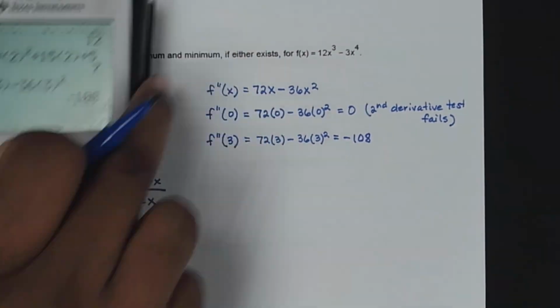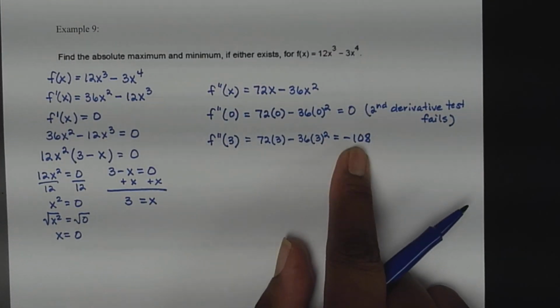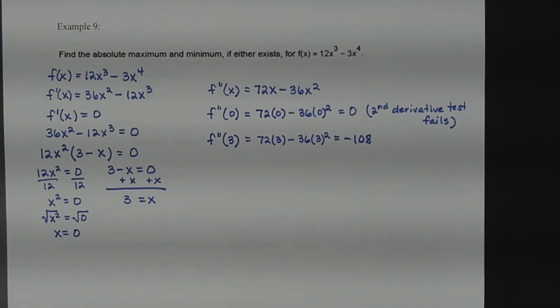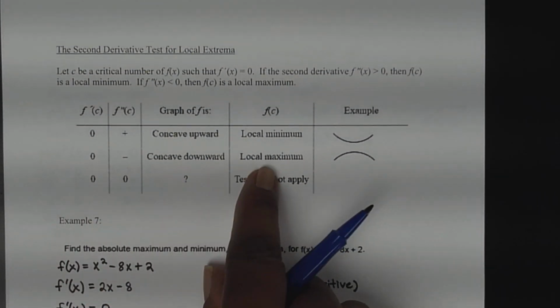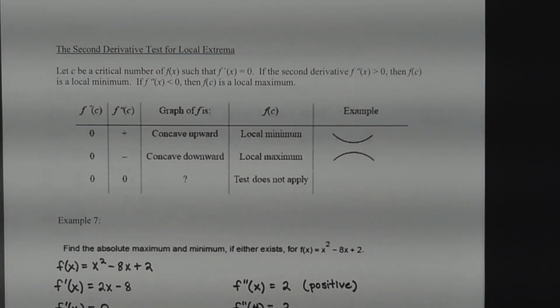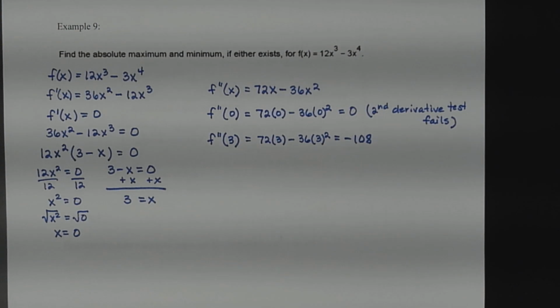So in this case, my f prime was 0 and f double prime came out to be negative, so based on that table, it's a local maximum. It's going to be concave down, so that tells me I have a local maximum.